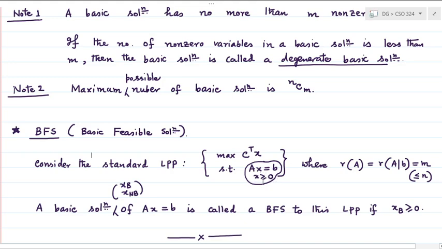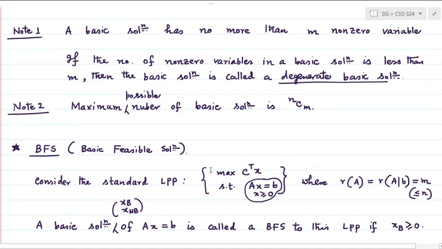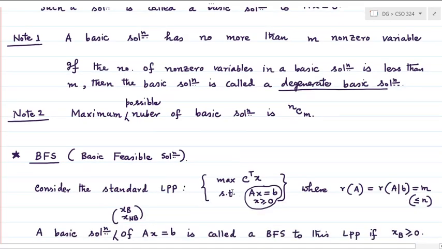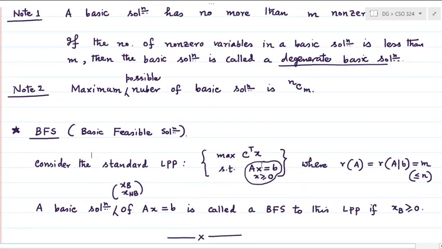Therefore any point x that satisfies Ax equals to b and x greater than or equal to 0 is called a feasible point of this problem. And if your xB satisfies the feasibility restriction, that means xB satisfies Ax equals to b together with x greater than or equal to 0, then we call that solution a basic feasible solution or a basic feasible point.